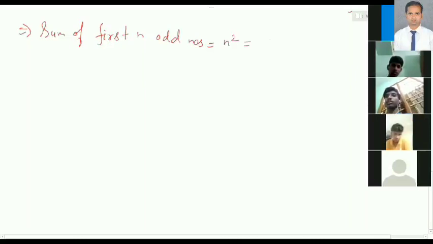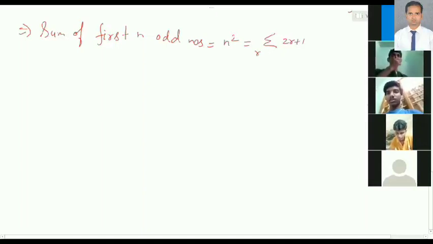And if you want to write this in summation form, what will you write? Summation 2r plus 1, with r from 0 to n minus 1. Otherwise, if you want to write 1 to n, you have to write 2r minus 1.